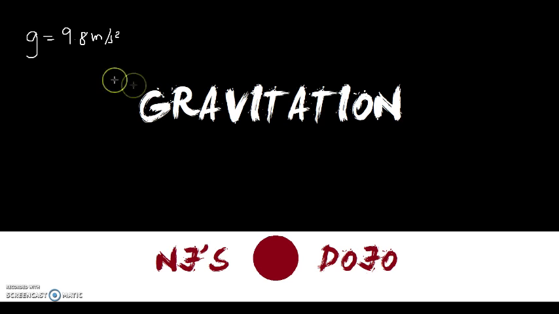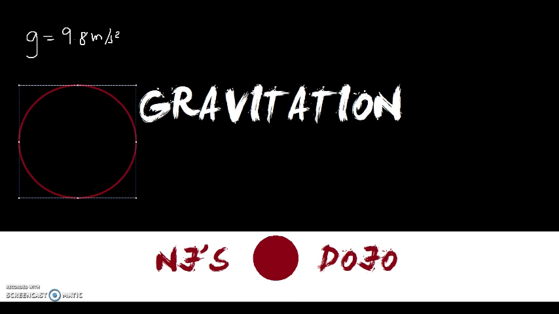How gravity works is simply, for example, we have the Earth's surface. Of course, we all know that gravity is located at its center. And as we all know, the Earth moves in a circular manner. Now we must know that in a circular motion, each point of the circle entails a different free body diagram.